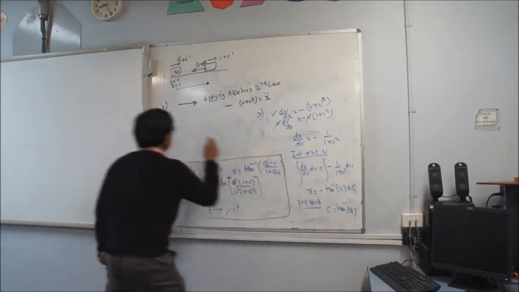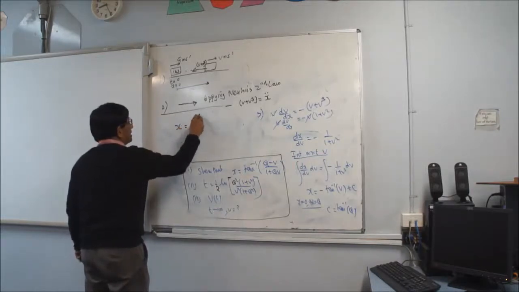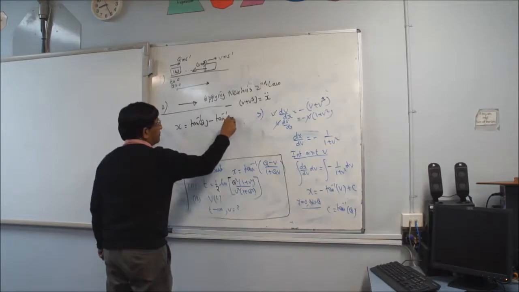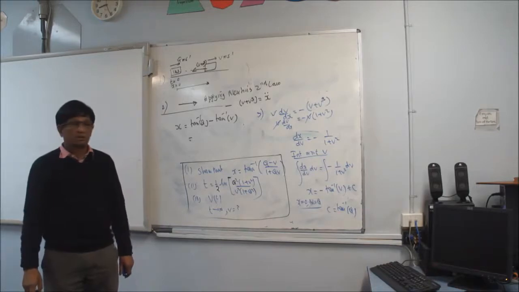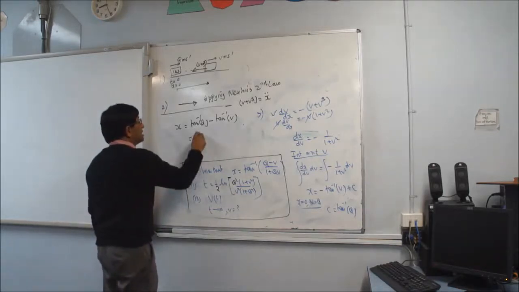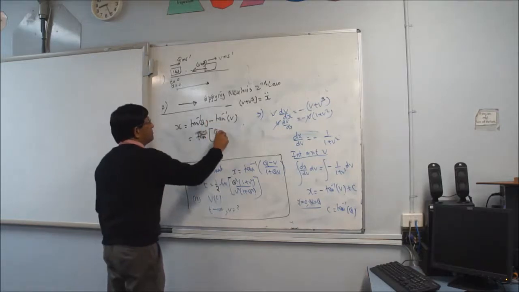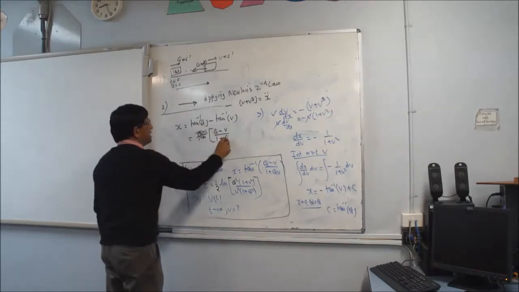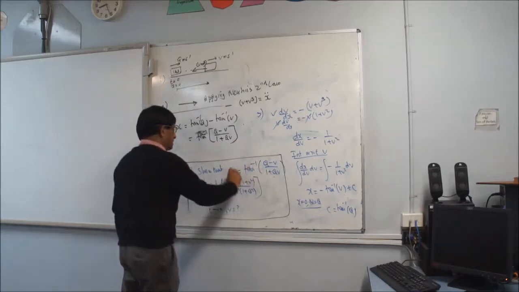So if you put it back here, you're going to get x equals inverse tan q minus inverse tan v. You remember tan A minus tan B? So inverse tan A minus inverse tan B is inverse tan of (A minus B) over (1 plus AB). So that's what you were asked to prove, okay?